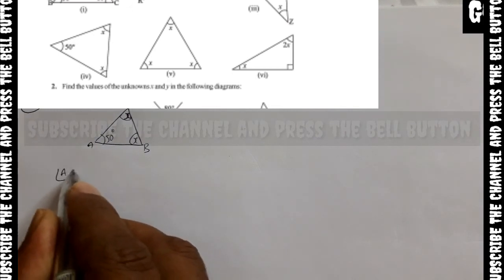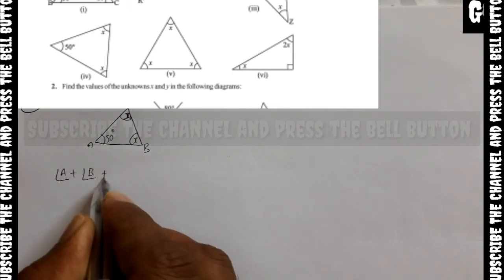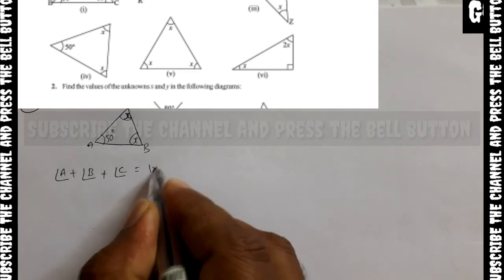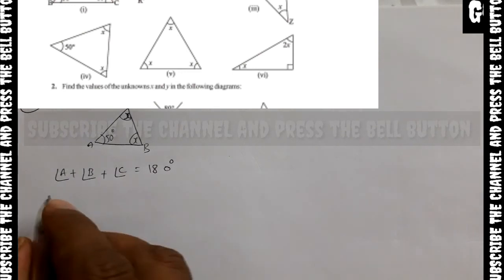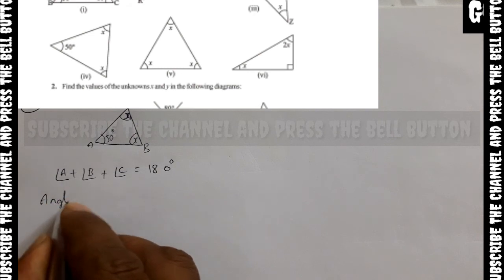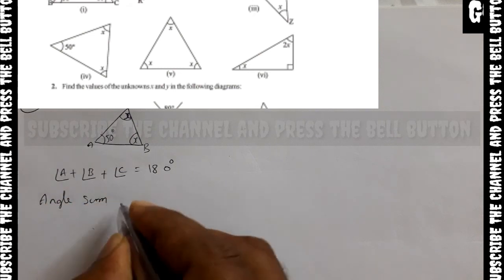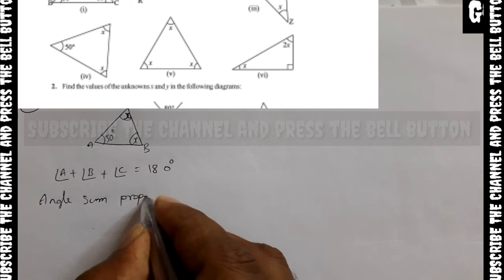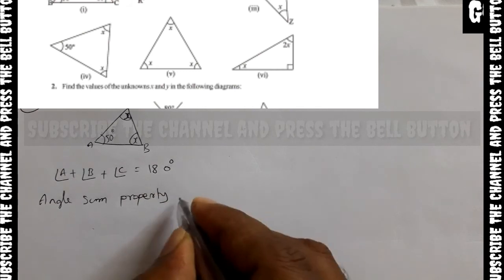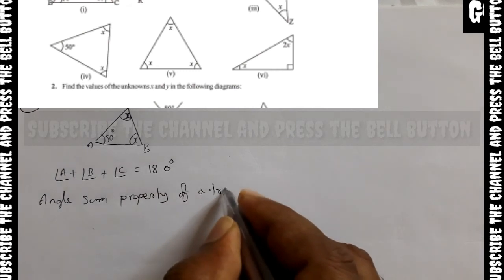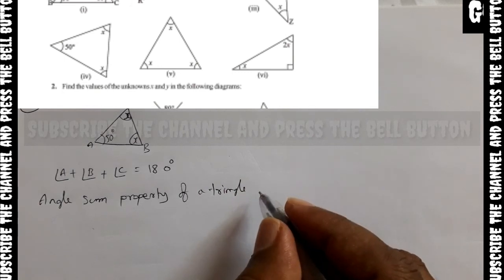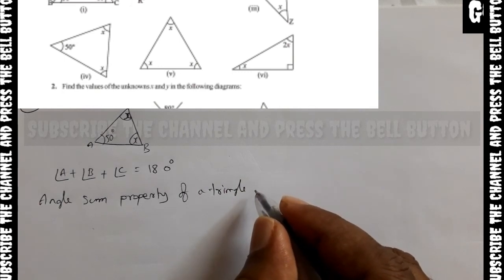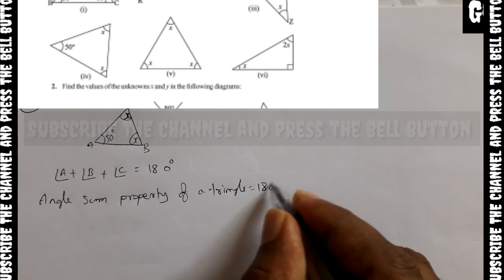Angle A plus angle B plus angle C is equal to 180 degrees. That means the angle sum property of a triangle is equal to 180 degrees.